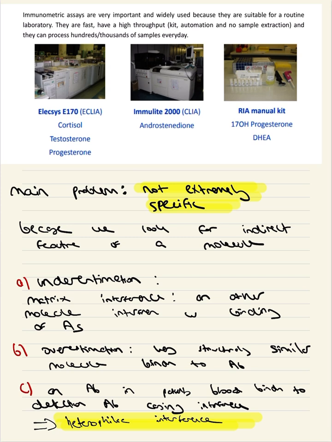Or you can have an overestimation, where structurally, molecularly similar molecules bind to the antibody, causing you to detect more than the actual amount. Or you can have an antibody in the patient's blood binding to the detection antibody, causing interference, and this is called heterophilic interference, okay? So again, it's not specific.